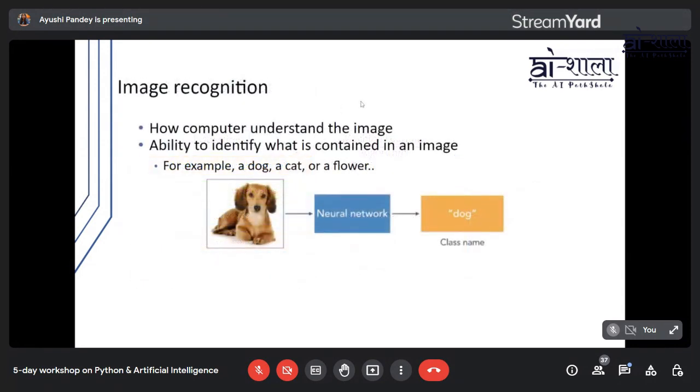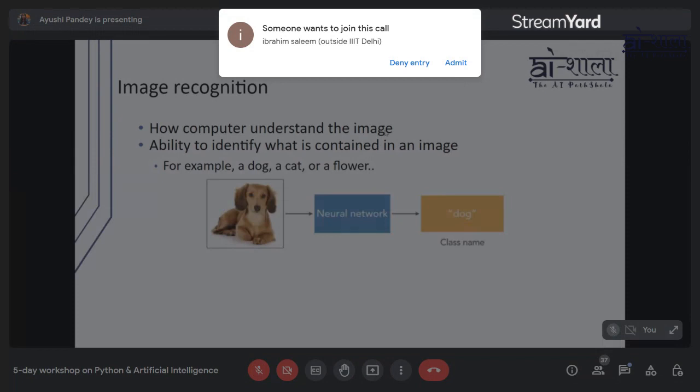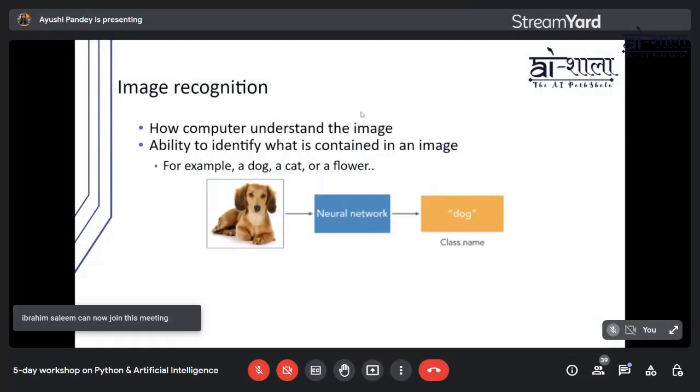For image recognition, you and I can understand what an image is, but how will a computer understand? Say this is the image of a dog, or any image of an animal or anything. There will be a neural network that learns initially on some data set.